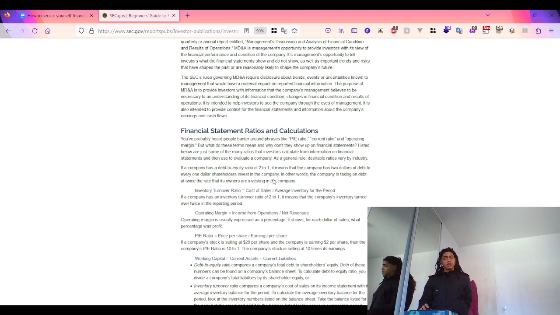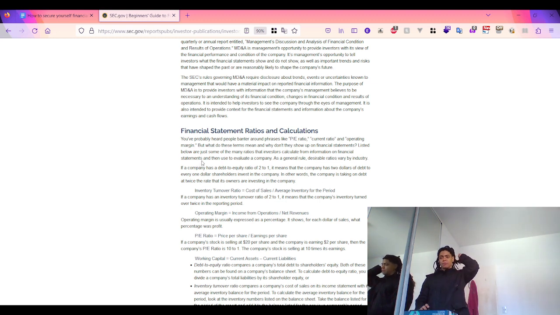So, for example, research and development, this kind of debt to equity ratio most of the time will be like this. Again, I need to do research for that, but the whole point is to understand that the debt to equity ratio depends on the industry. You have some desirable ratios.